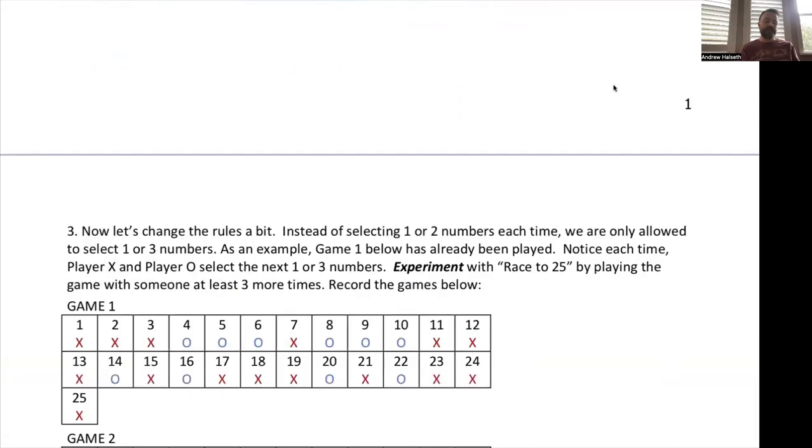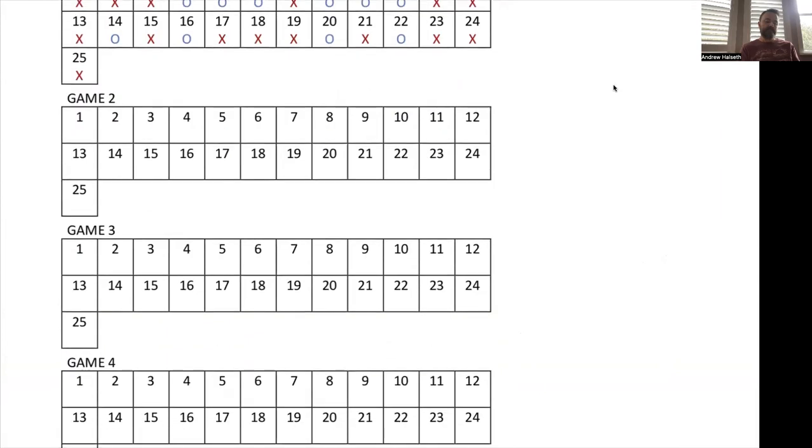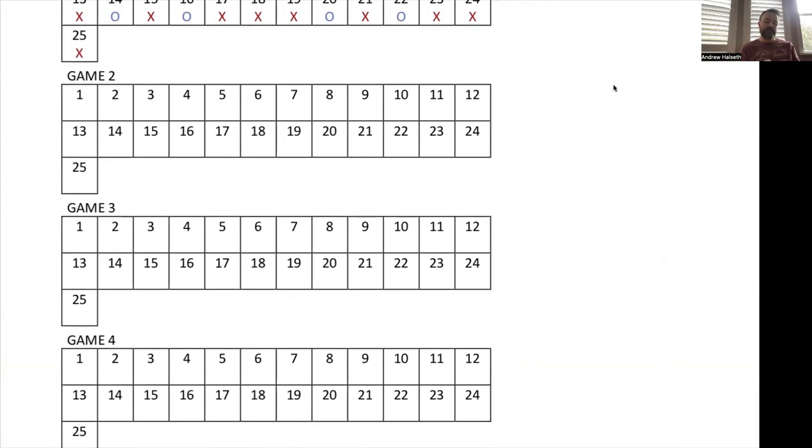Let me go down and just use one of these game boards. I know it's to 25, but if we want to get to 23, right, then I know that I want 20, right? That's because no matter what O chooses, if they choose the 21, I take 22 and 23. If they choose 21 and 22, I take 23.